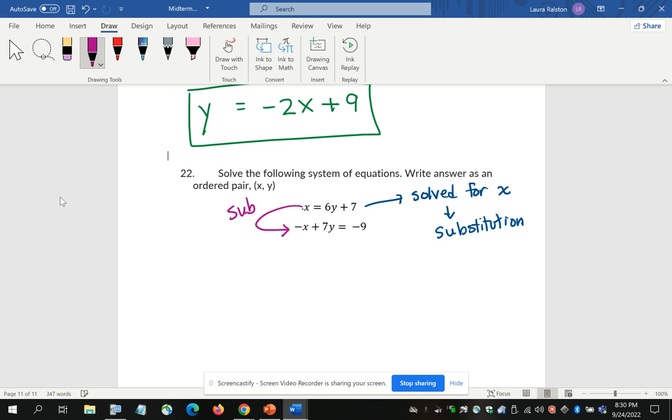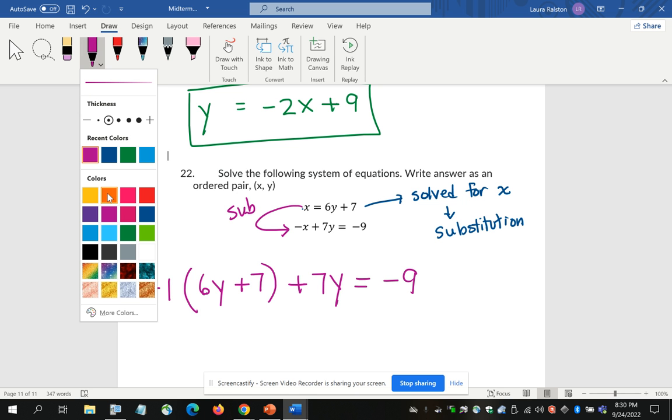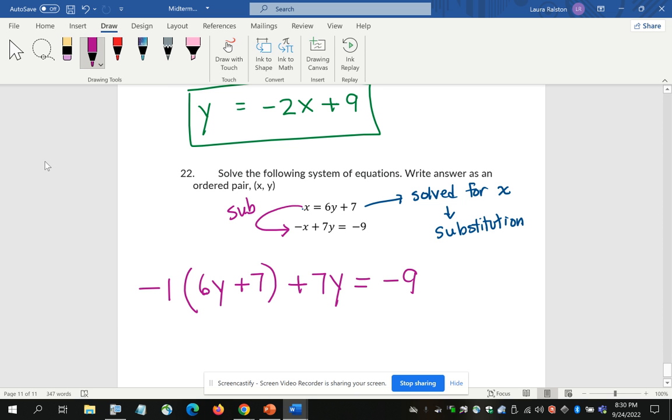We have really -1 times the x, which is (6y plus 7), plus 7y equal to -9. And then I need to distribute the -1. So I have -6y minus 7 plus 7y equals -9.